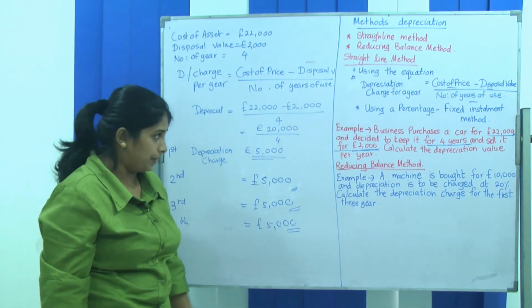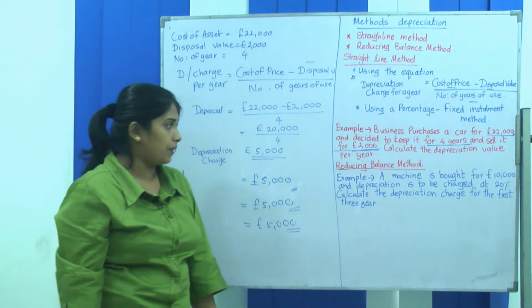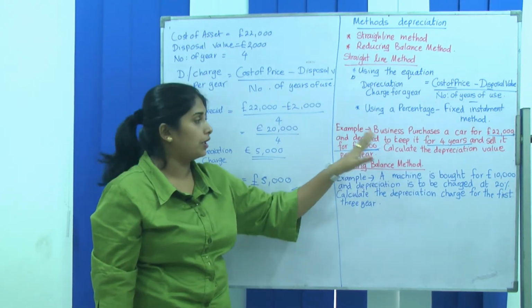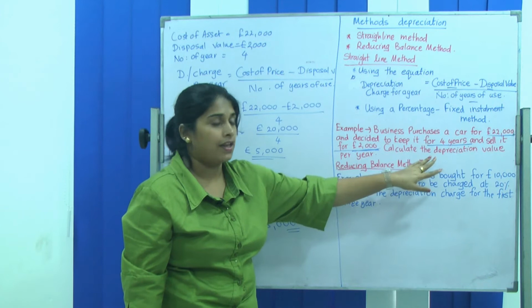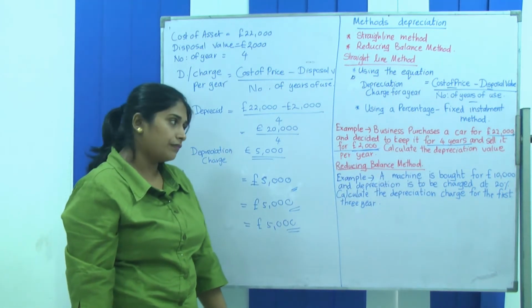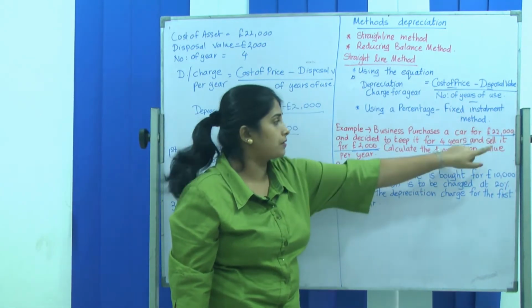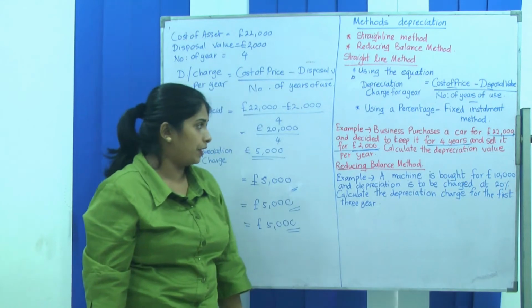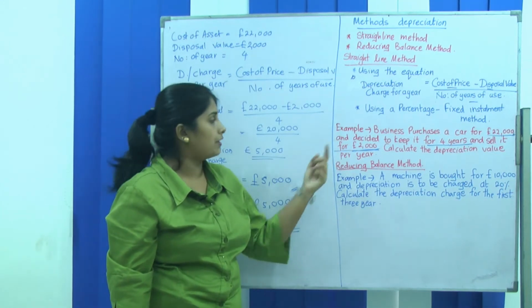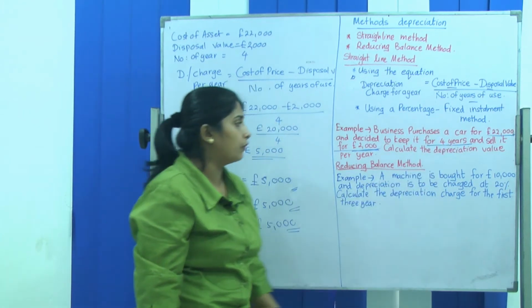According to the example, the business purchases a car for 22,000 pounds and decided to use it for 4 years, and after using it for 4 years they are going to sell it for 2,000 pounds. So the cost of the asset is 22,000 pounds and the disposal value is 2,000 pounds, and they are hoping to use it for 4 years.